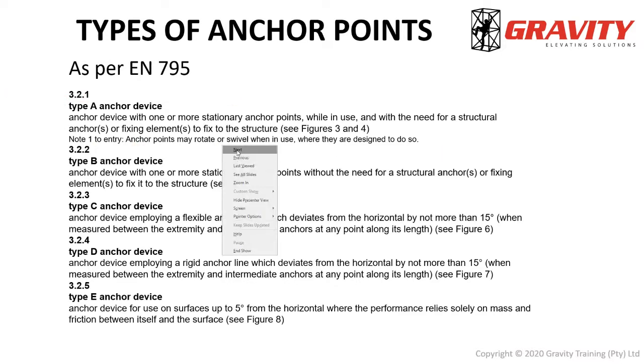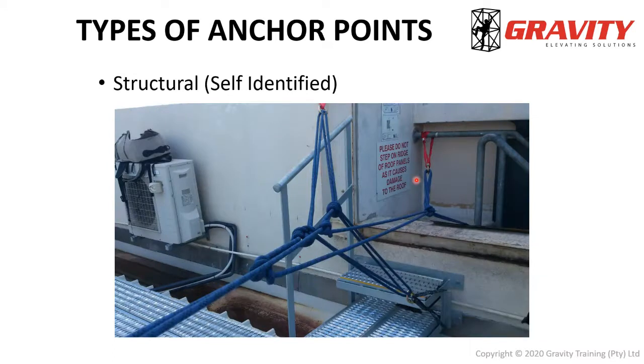So even though he's using slings, which might comply with the type B definition, this entire system is self-identified, meaning that the technician on site deemed this safe to use and strong enough. For rope access work, for forest work, installing lifelines and stuff, that's fine, as long as it's done by a competent person with the proper risk assessment and identifying that these anchor points are of sufficient strength.